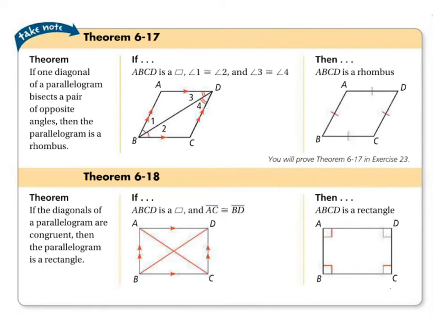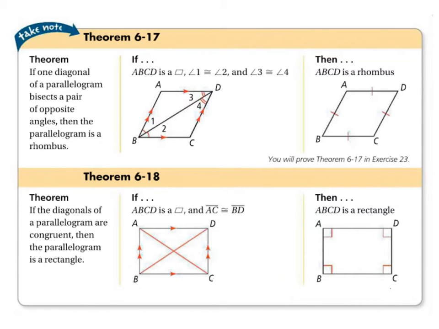Worth noting here that it says if it is a parallelogram. So if we're starting with a parallelogram, then we should have opposite angles congruent, which actually means that angle ABC is congruent to angle ADC. So when they're both bisected, we really could put a single angle mark on all of them. They're all going to be equal.